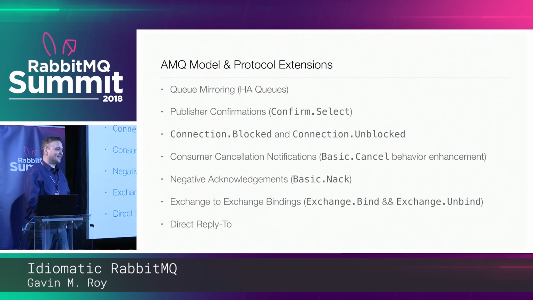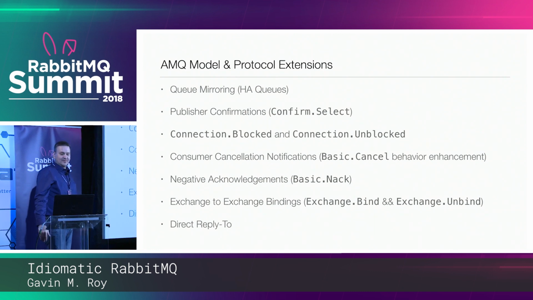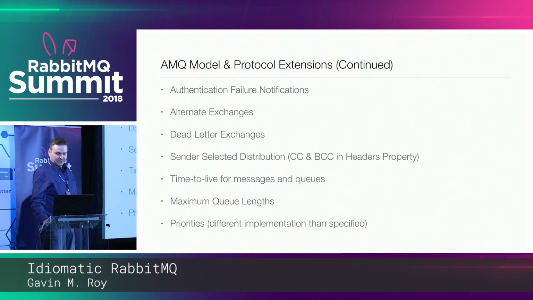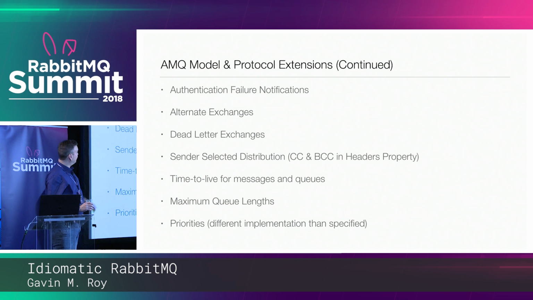So they added a basic nack method that allowed you to negatively acknowledge multiple messages. As I mentioned before, authentication failure notifications, all the RabbitMQ-specific stuff, these are extensions to the protocol itself or the spec or the methods. They're features within Rabbit, but they build upon AMQP.